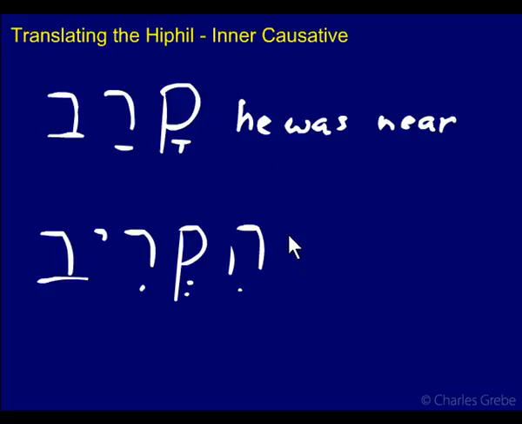Okay, he was near, he drew near, or he caused himself to be near, right? So this is just the regular Qal, and this is the inner causative translation for hikriv. He caused himself to be near.